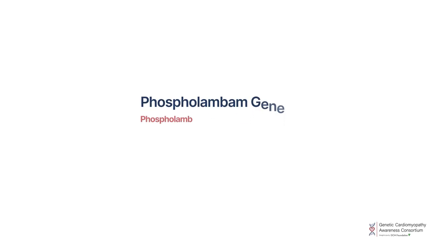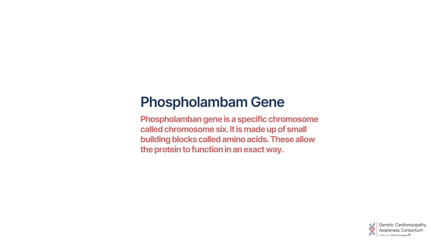Now, the phospholamban gene is on a specific chromosome called chromosome 6. And just like any other protein, it's made up of small building blocks called amino acids. Those amino acids in series allow the protein to function in an exact way.